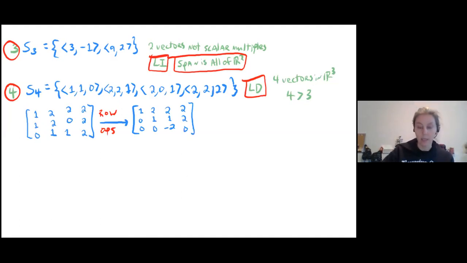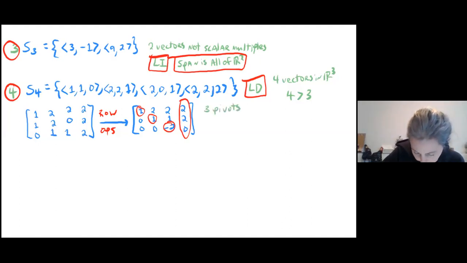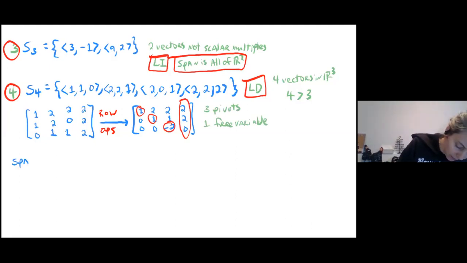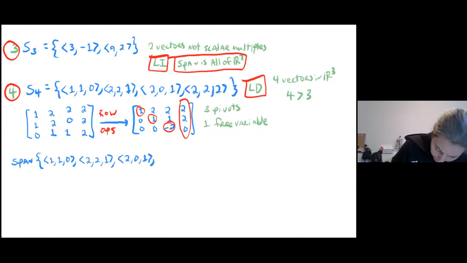So what this means is, once we've seen this row reduction, I have 1 free variable. I've got 3 pivots. That 1 free variable is my useless vector. So in other words, I can say that the span of these vectors would not change if I got rid of that last vector.